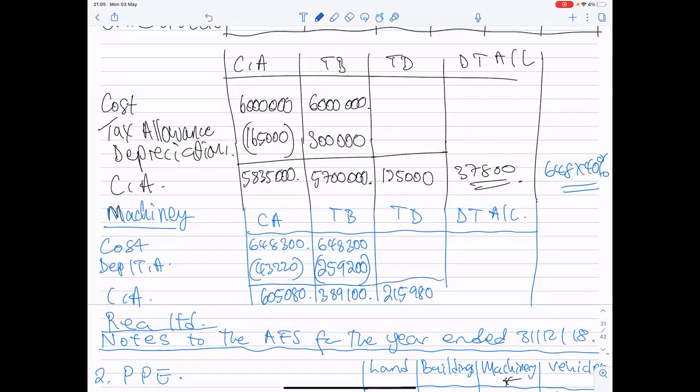You multiply it by 0.28, you get your 60,474. Did I calculate my things correctly?